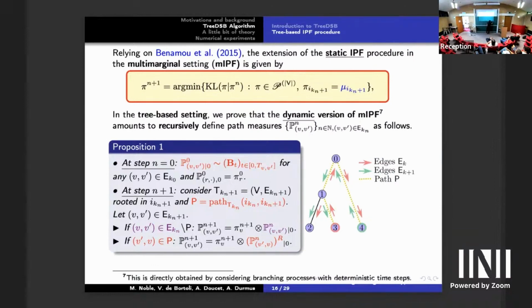And this is the path measures from the previous iterations. So you just do the time reversal on the path with the previous constraint. And then if I consider this, I may have to reverse the time for this path measure, and this path measure, and this is already computed, as this is actually the dynamic formulation for the multi-marginal setting. Just compute the time reversal on the path with the previous constraint.